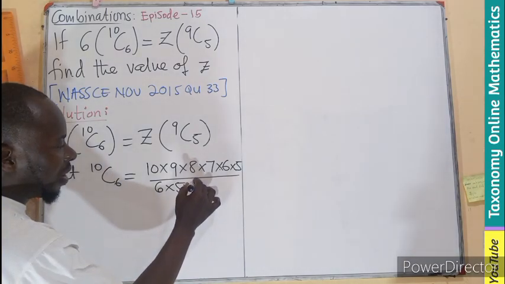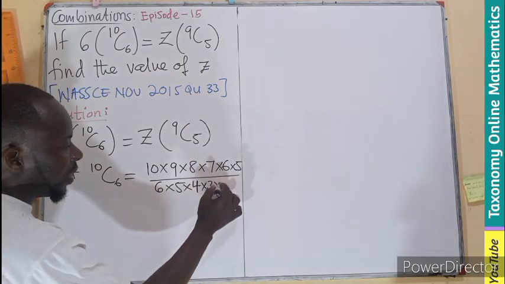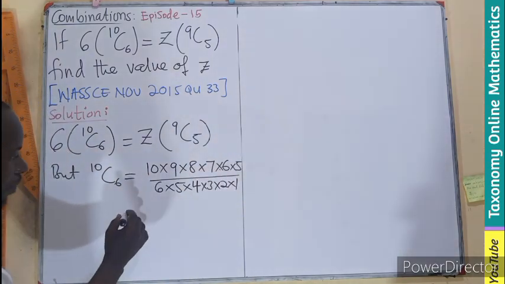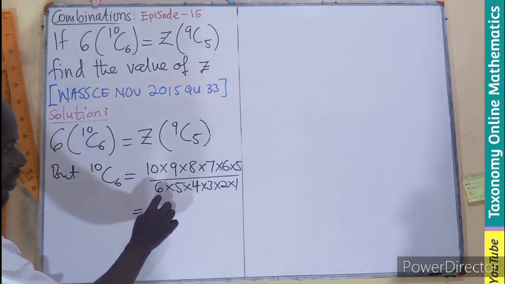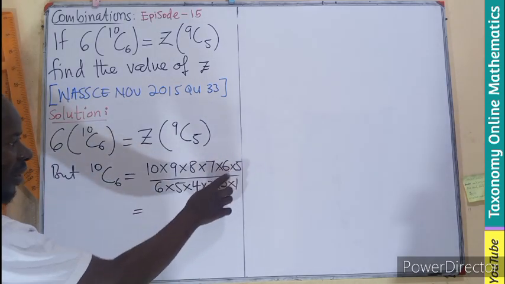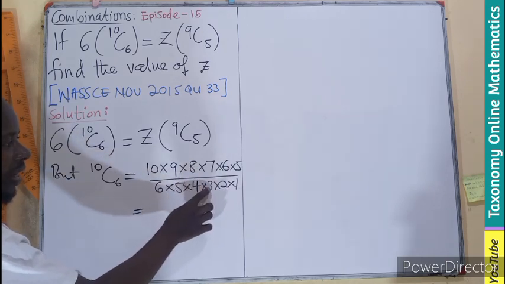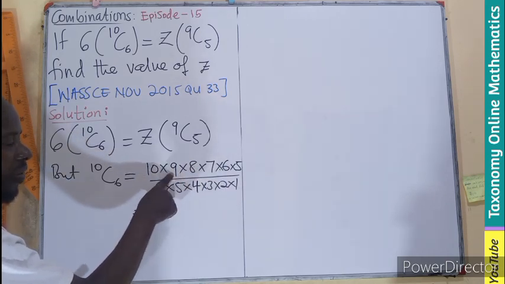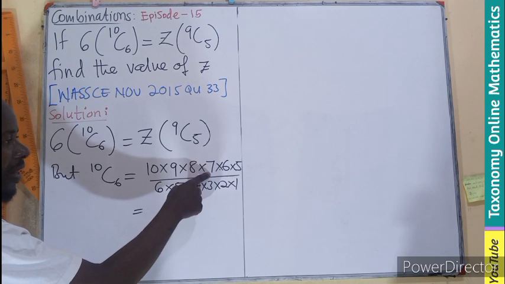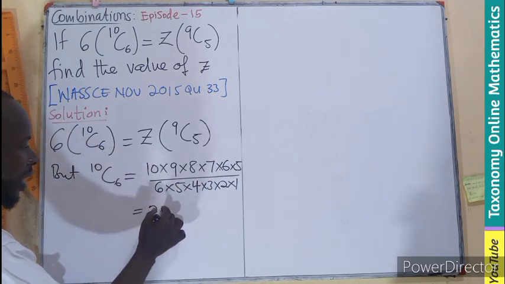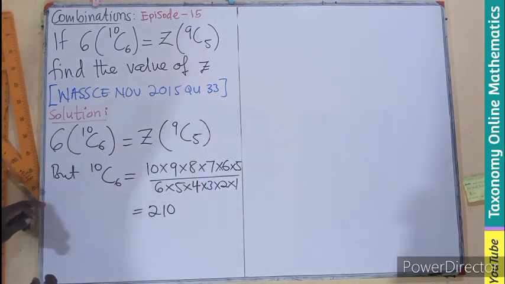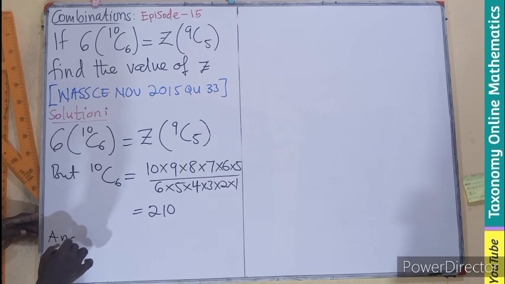We have 5, 4, 3, 2, 1. So we can see this 6 will cancel this, 5 will cancel that, 2 and 4 will cancel 8, then 3 will also cancel this to give us 3. 3 times this, 21 times 10, 210. So that will give us 210.